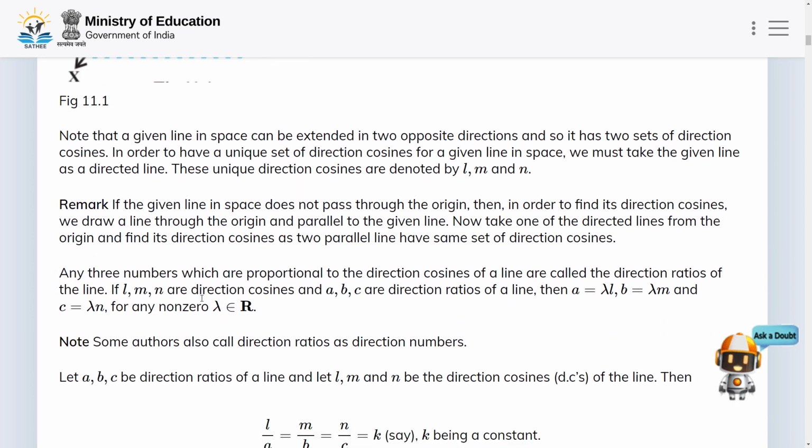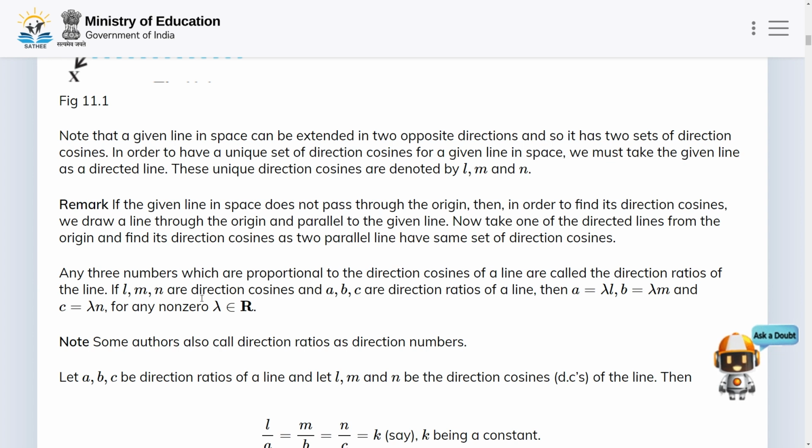Now, note that a given line in space can be extended in two opposite directions, and so it has two sets of direction cosines. In order to have a unique set of direction cosines for a given line in space, we must take the given line as a directed line. These unique direction cosines are denoted by l, m, n.